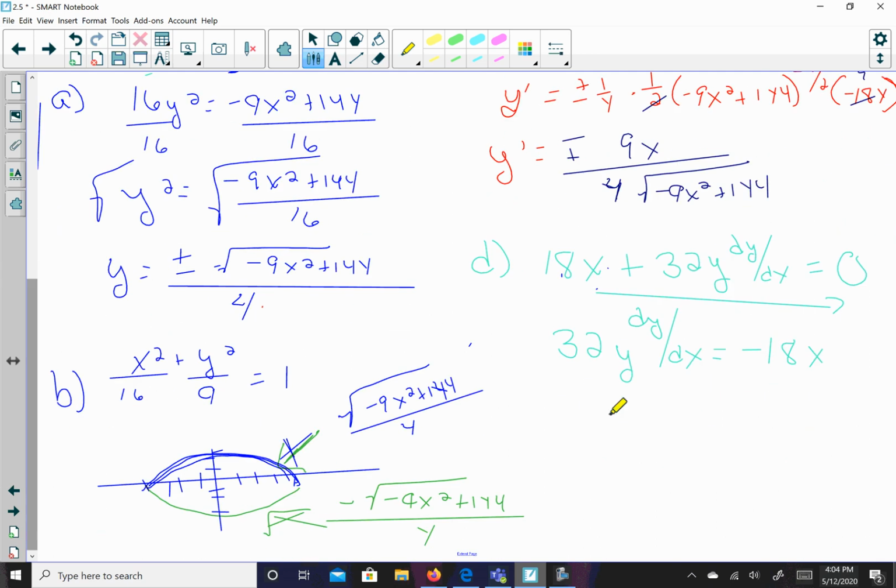And solving for dy dx, I'm going to have negative 18x over 32y, which will be, I forgot to put in lowest terms, negative 9x over 16y.